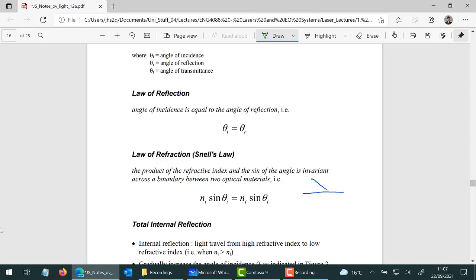So as the ray travels into the surface and gets refracted, the product of the refractive index and the sine of the angle is invariant.